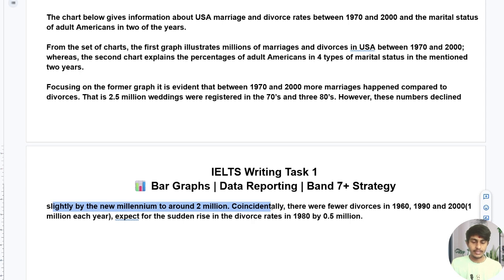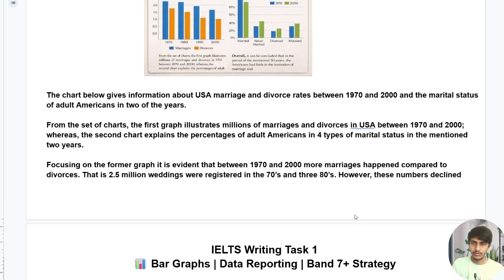Coincidentally, there were fewer divorces in 1970, 1990 and 2000, 1 million each year, except for the sudden rise in the divorce rate in 1980 by 0.5 million.